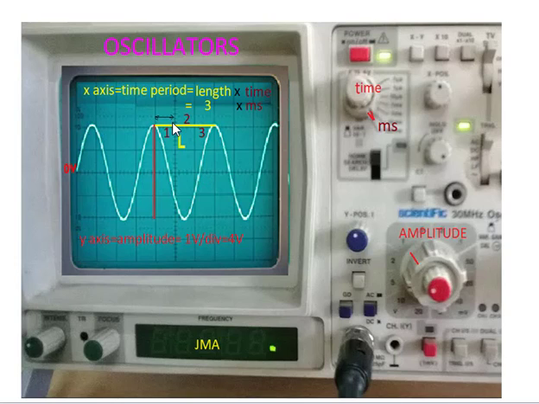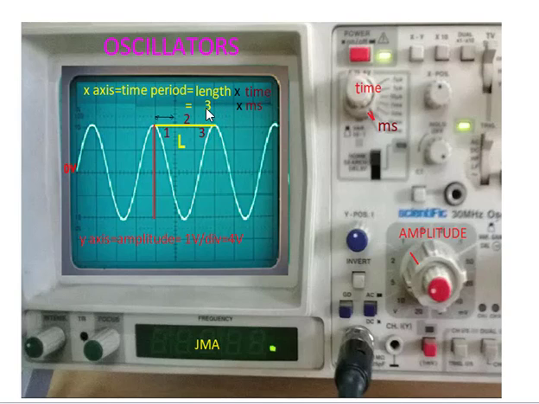So, to determine the time period: time period is equal to length into time. How is the length determined? See here, this unit is taken as 1, this as 2, this as 3. So length is measured from this point to this point, 1, 2, 3.